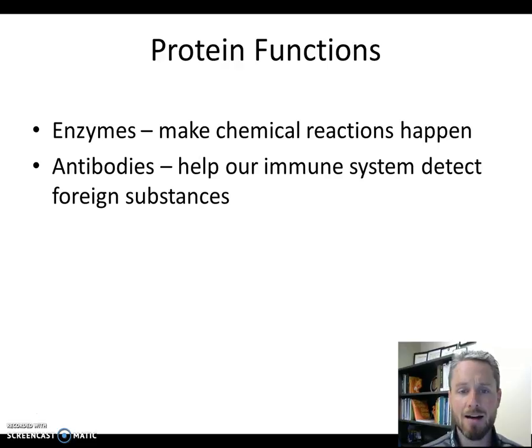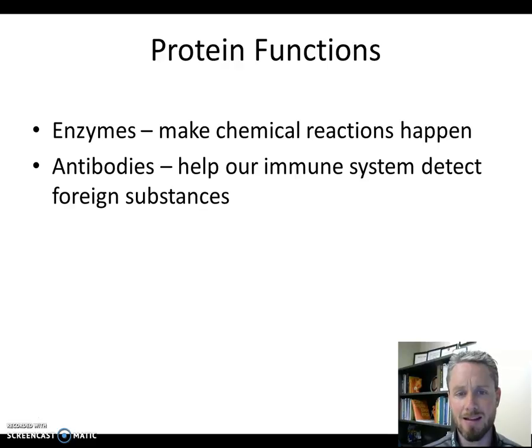All right, another function is that proteins can act as antibodies. An antibody is a special protein that helps your immune system detect foreign substances so that your immune system can remove those foreign substances from your body. Hopefully, your immune system will remove them fast enough that it keeps you from getting sick.